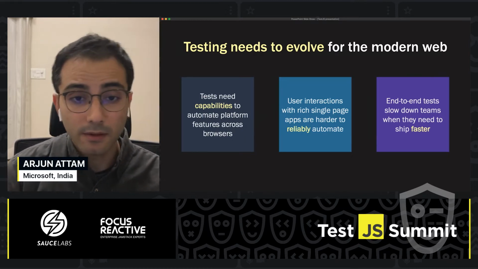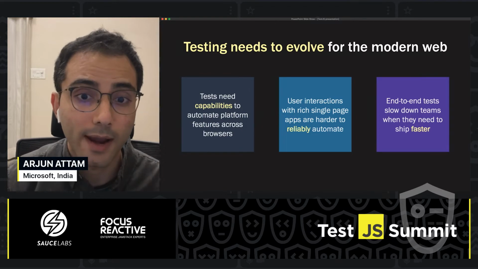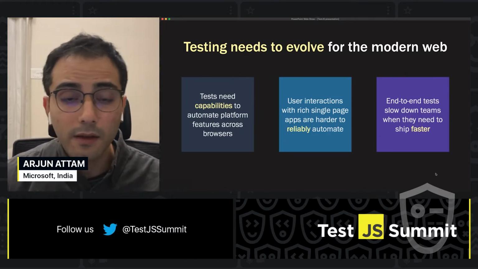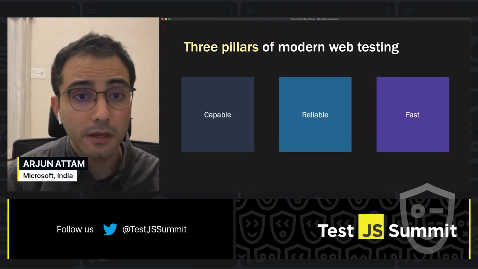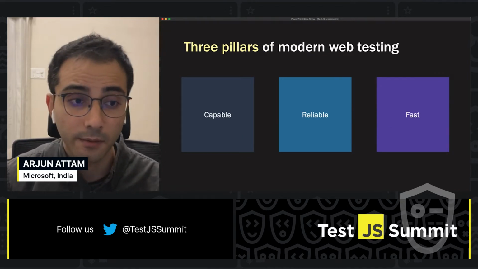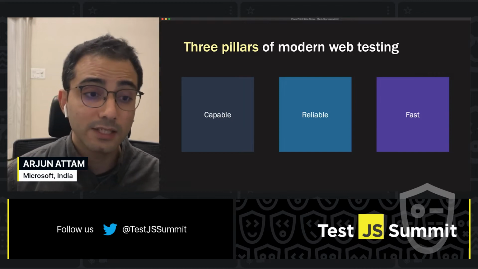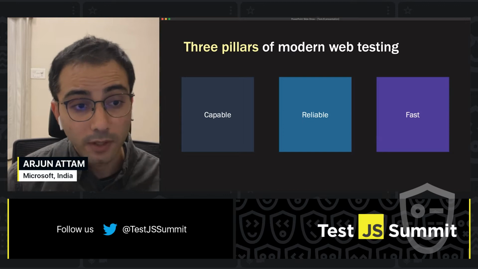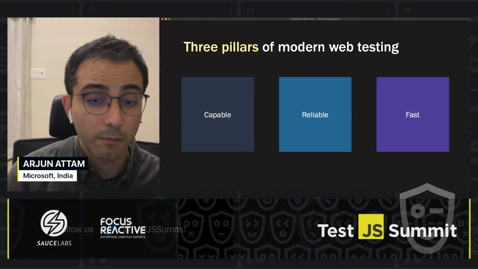These three problems are actually the reason why end-to-end testing has not been able to evolve for the modern web. And these three actually give us really the three pillars of modern web testing. Modern web testing needs to be capable so that it can actually automate all possible capabilities of the modern web platform.